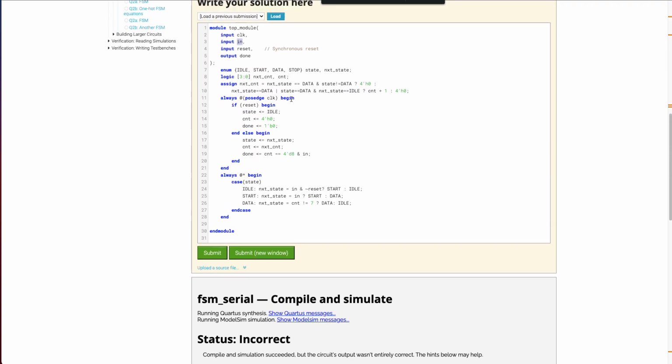Okay, done. Let's go backwards on this. So done is count. Count is based on next count. And next count is going to be based on next state.